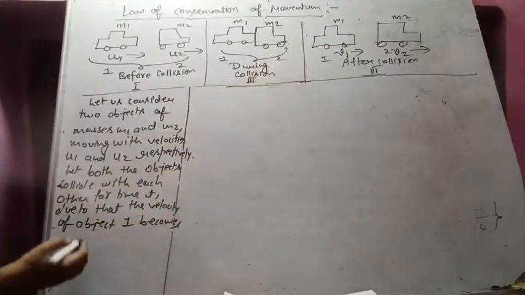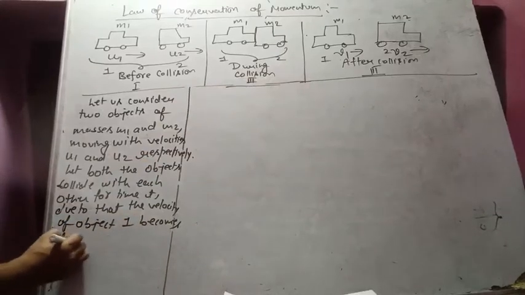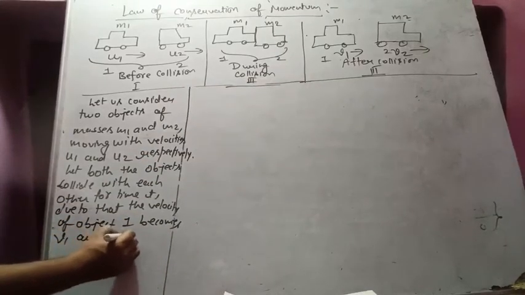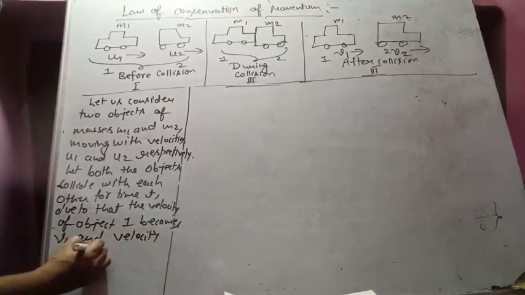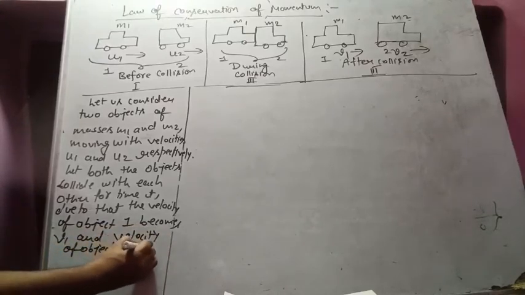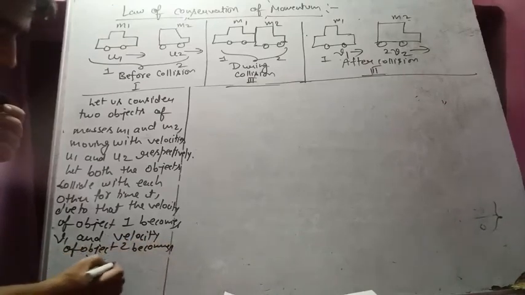That is v1. So after collision the velocity of object 1 becomes v1 and velocity of object 2 becomes v2. This is the simple case which we are discussing.